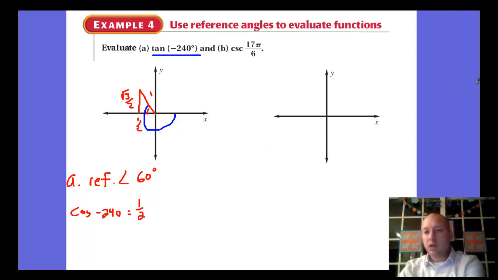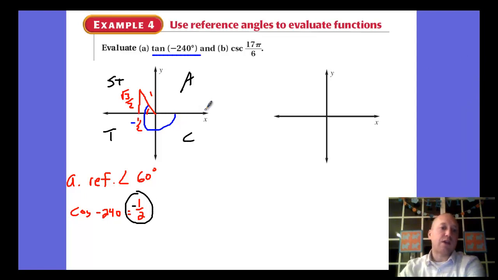Now what we do need to make sure of is that our sign is right. So this is all students take calc. Sine is the only positive one, which means cosine has to be a negative value. You can also think about how this is really a negative 1/2, going left on the x value.